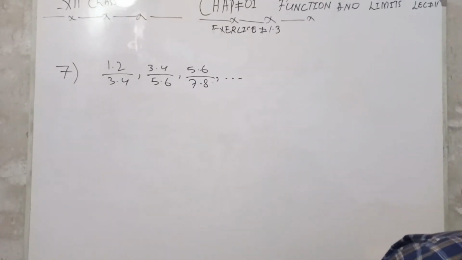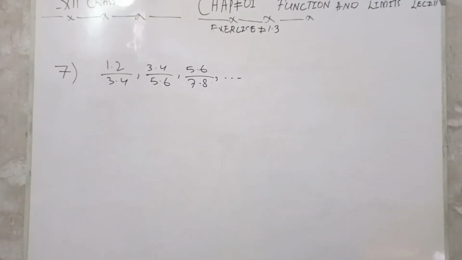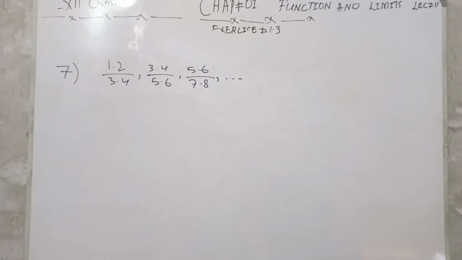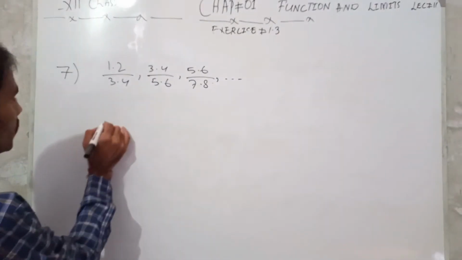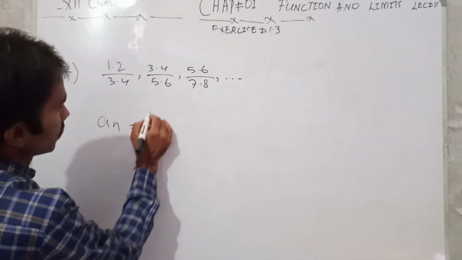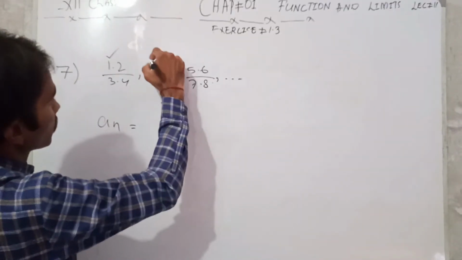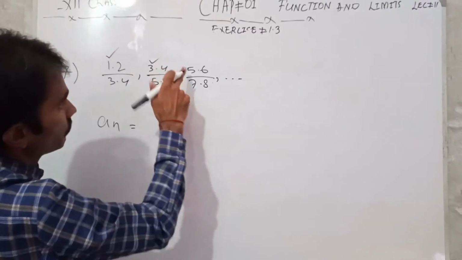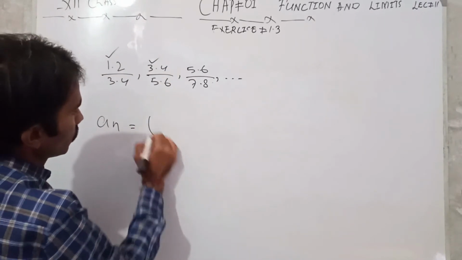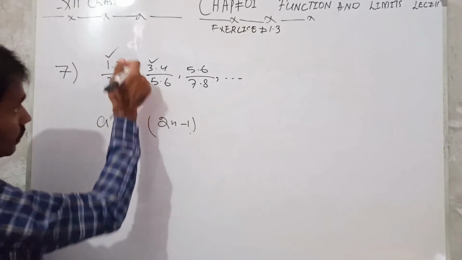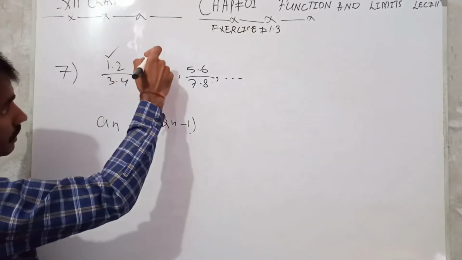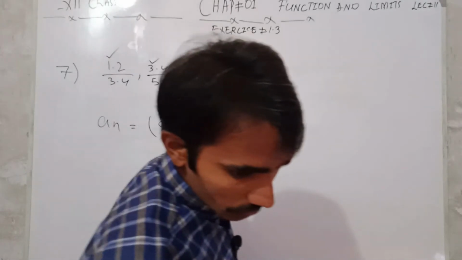What we have to do is find the general term. Later on we will move further. The general term: first we get 1, 3, 5, so 2n minus 1 is the 1, 3, 5.